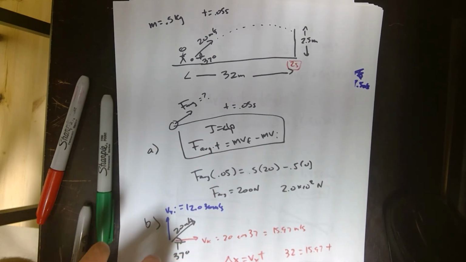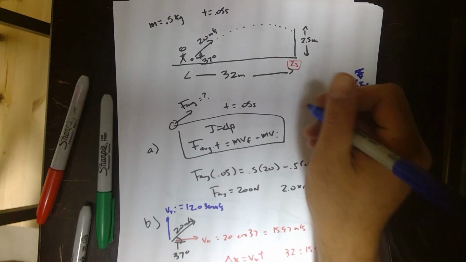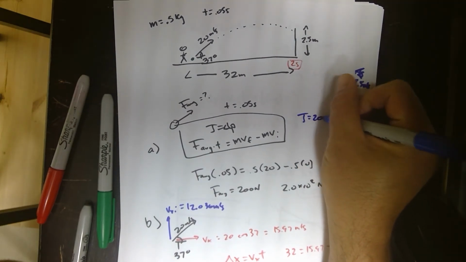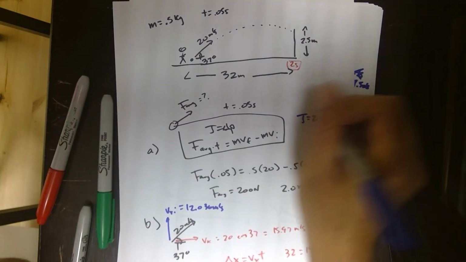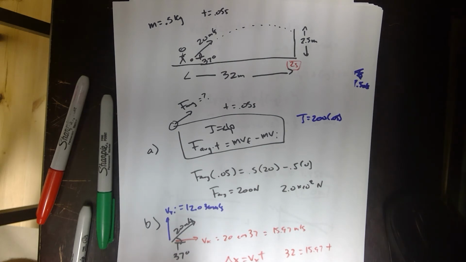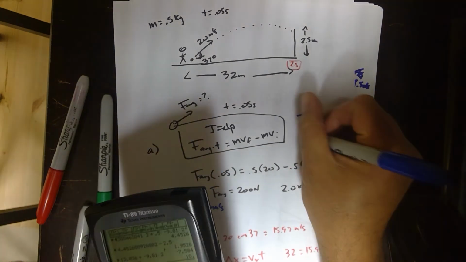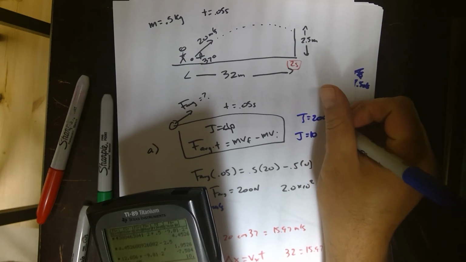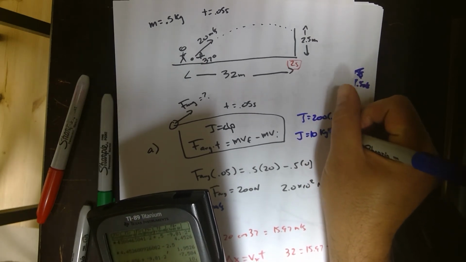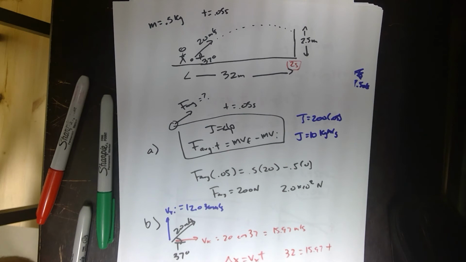So if we're looking for impulse, we got to take the 200 times 0.05. And what do we get? I get that it is 10. You could write newton seconds if you want, or you could be in base units here, kilogram meters per second. Either one would be perfectly acceptable.